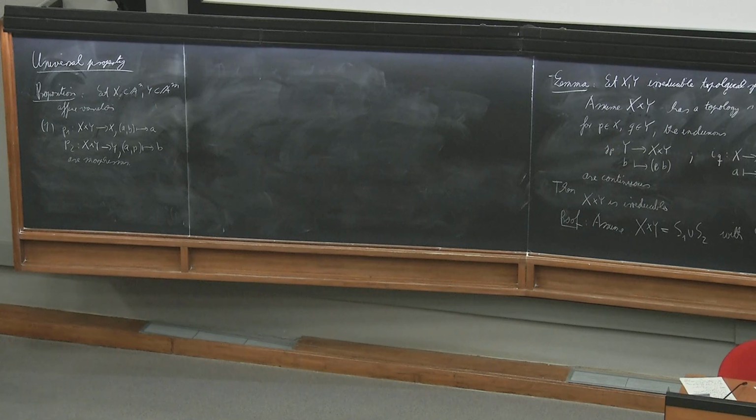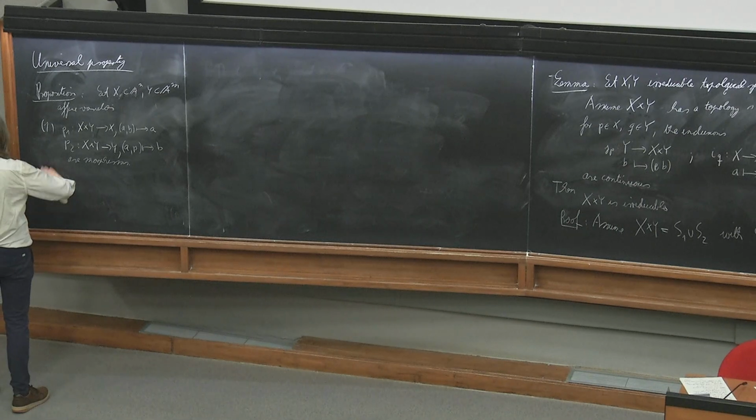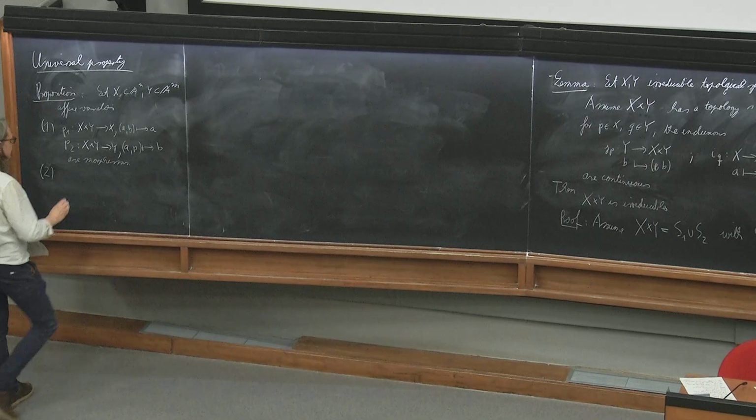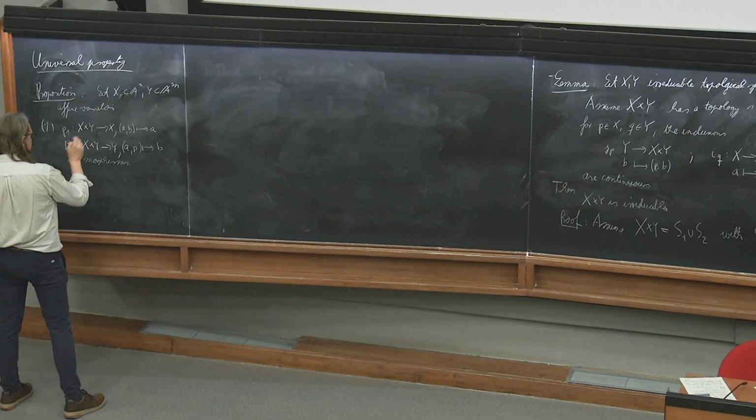Okay, so this is in some sense the trivial part, and the second is that in terms of these, we can say what it is. So what are the morphisms into X times Y? So let Z be any variety.